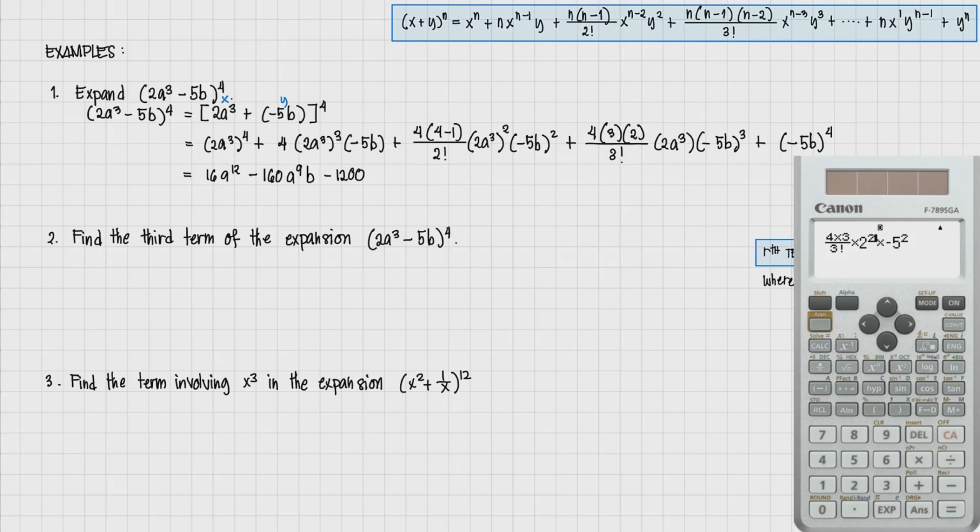Right? Tapos, negative 5 is raised to 2 again. So let's check 4 times 3 divided by 2, 2. Okay, so let's change this back to 2. So solve. So that's negative 600 pala. So this is negative 600.